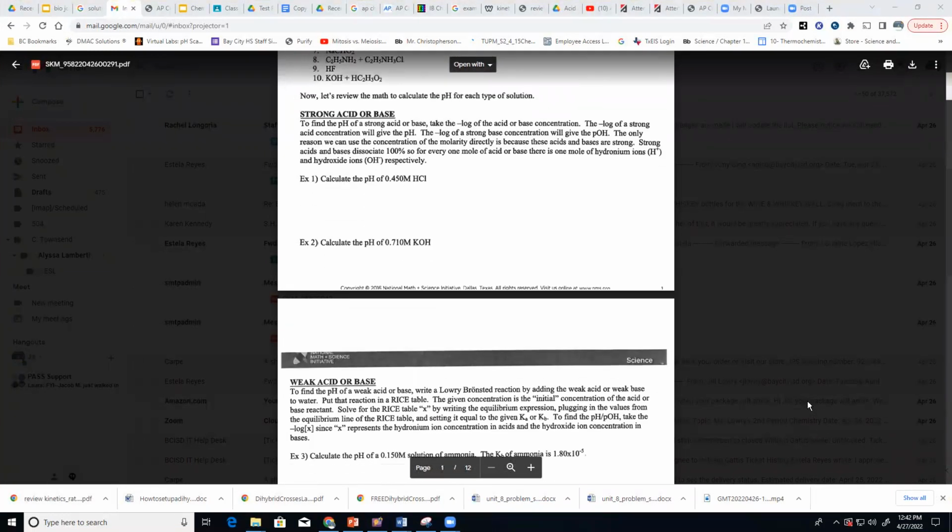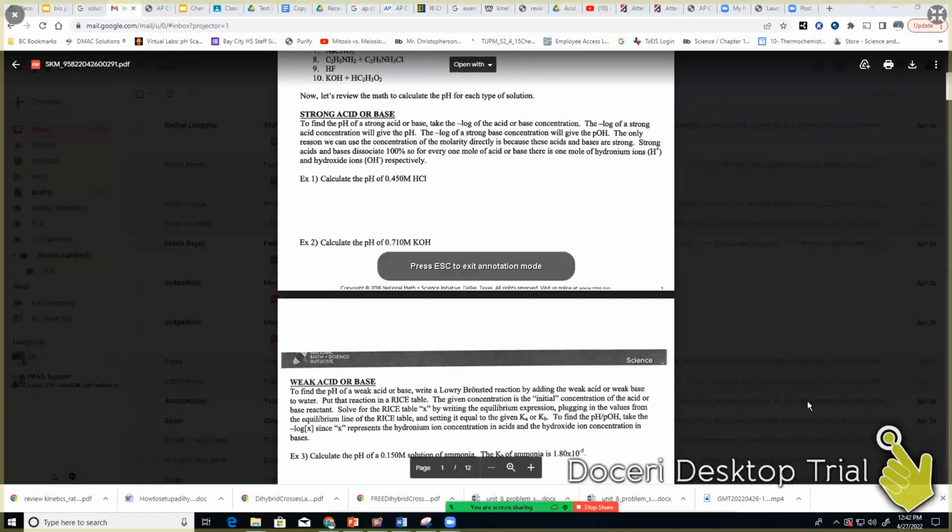All right, so strong acid, strong base, those are the nice, easy ones. Memorize your strong acids, know your strong bases, because if you're lucky enough to get those, they work through all these different formulas straight. pH is equal to the negative log of your H plus concentration. I believe these two are on your green sheet.